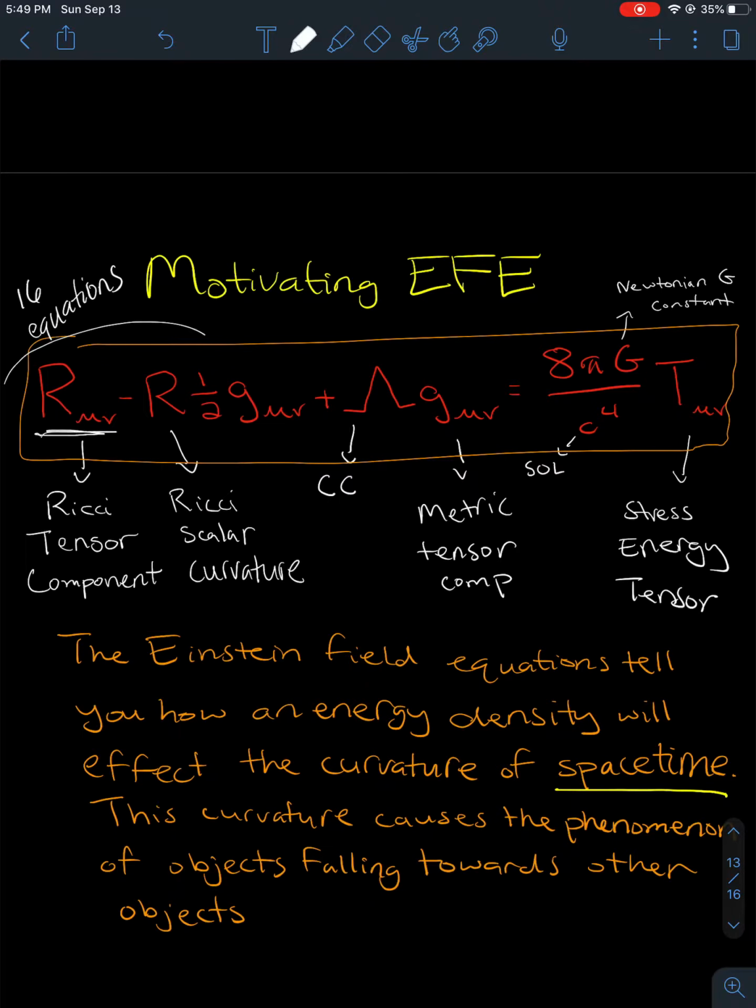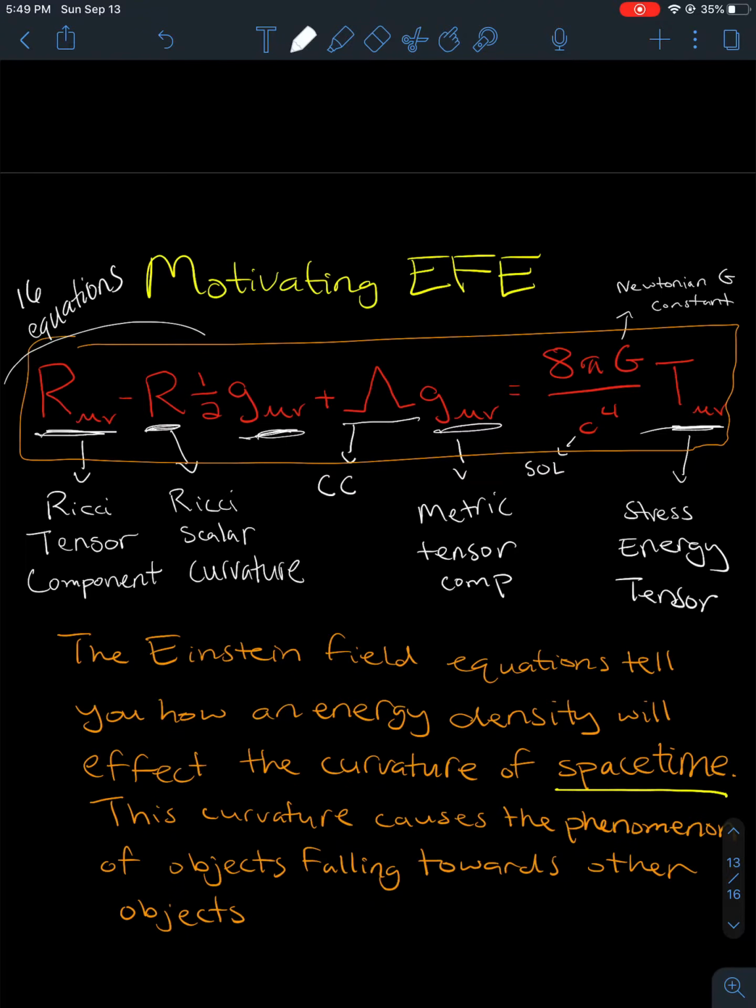This component over here is called the Ricci tensor component. This component over here is the Ricci scalar curvature. This over here is the metric tensor component. Here is the cosmological constant. Say that 10 times fast. And here, this component is called the stress energy tensor.